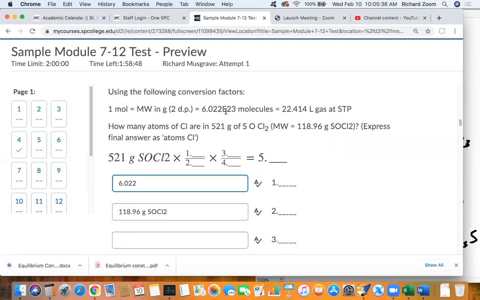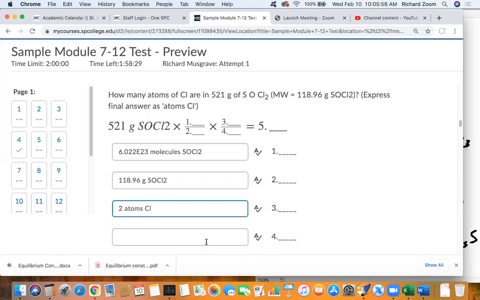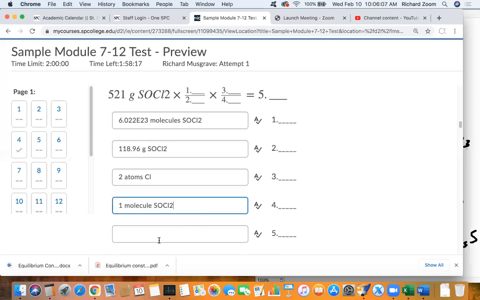You can see that that's how I've expressed it up here. That's why I've given it to you, so you know how to express it. And then it's looking for atoms of Cl, so it's 2 atoms of Cl and 1 molecule of SOCl2. And then you can put your answer in down here.